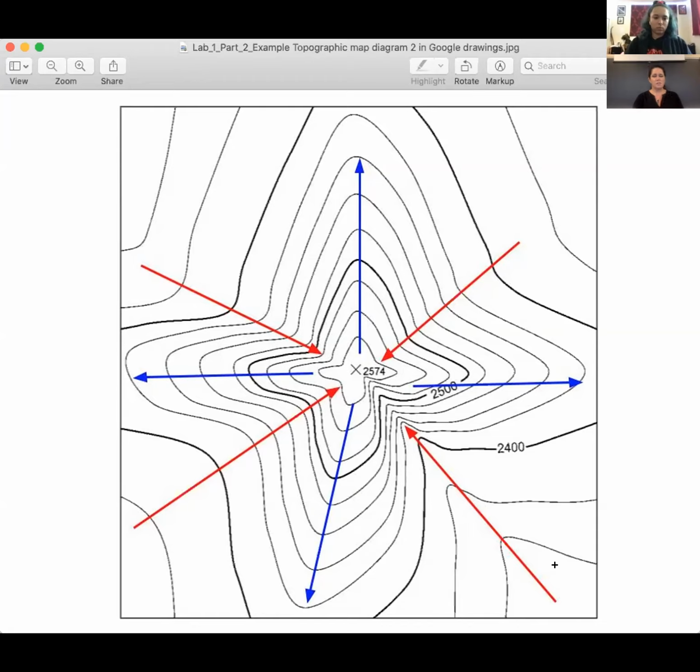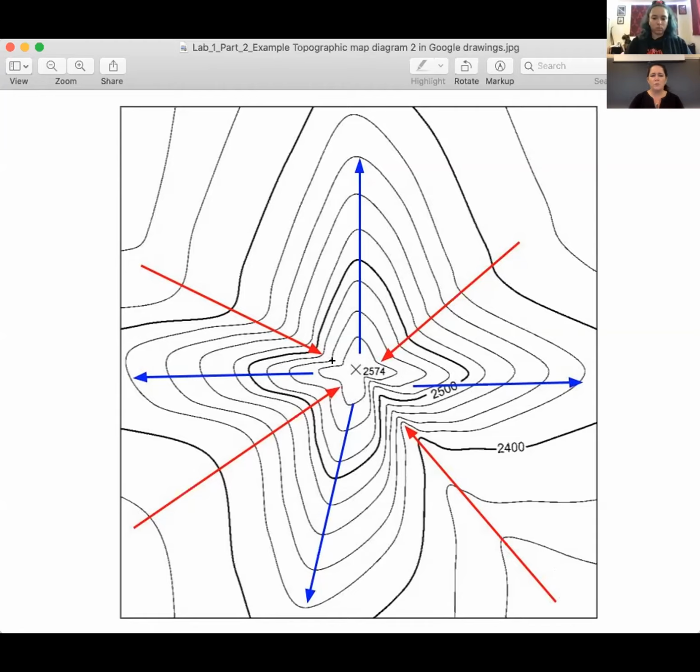And imagine seeing, now that we understand the fact that more closely spaced contours represent steep terrain, and the gentler terrain is represented by contours that are spaced further apart.